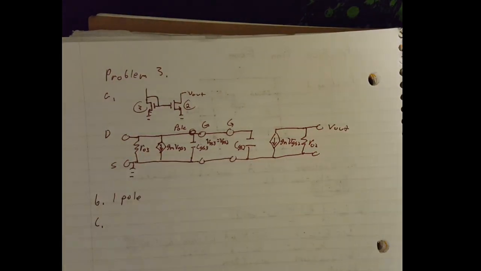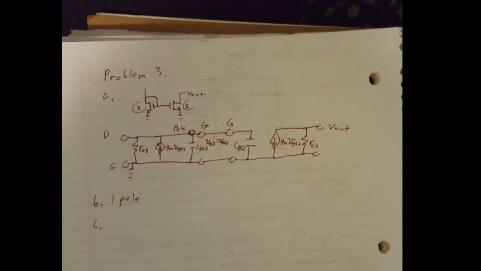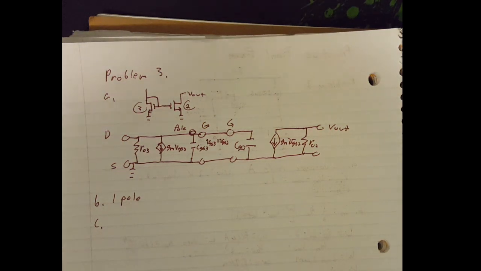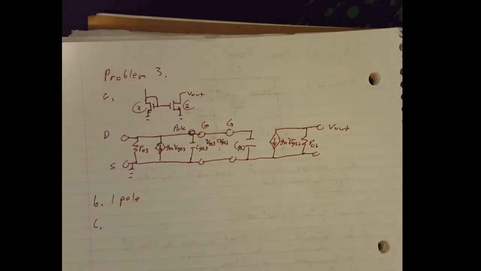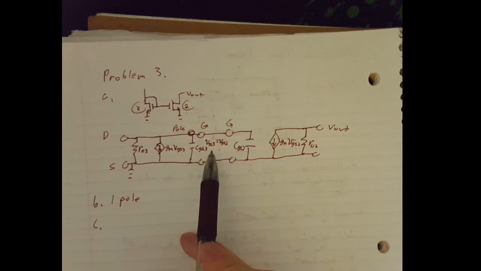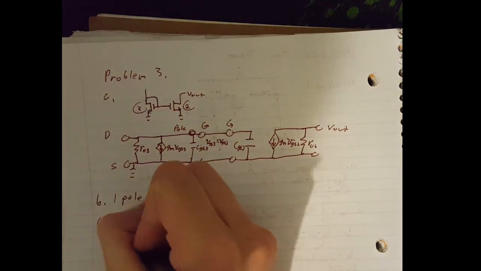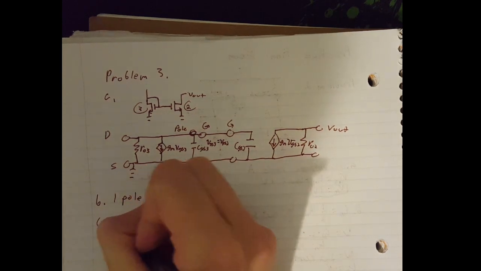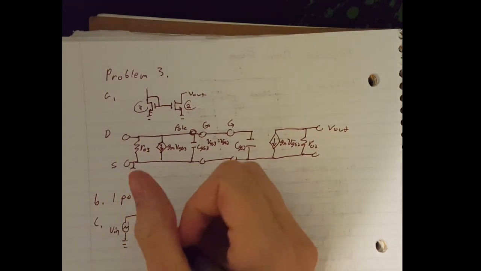For part C, we have already analyzed the current mirror, so now we're just going to use it as a resistance to our transistor Q1, and we want to find the dominant pole of the amplifier. So remember, we're just hooked up over here. And VGS is 0. Remember, this is for Q1 now. This is for the amplifier.